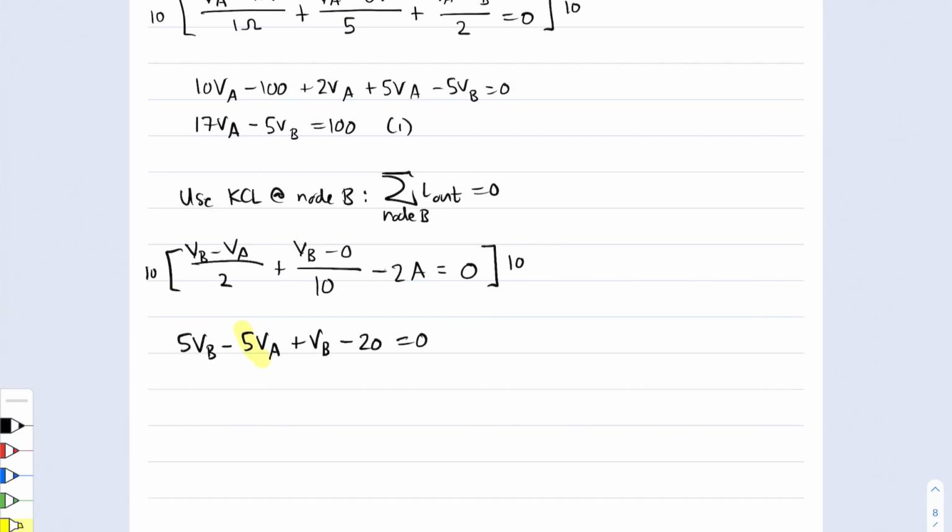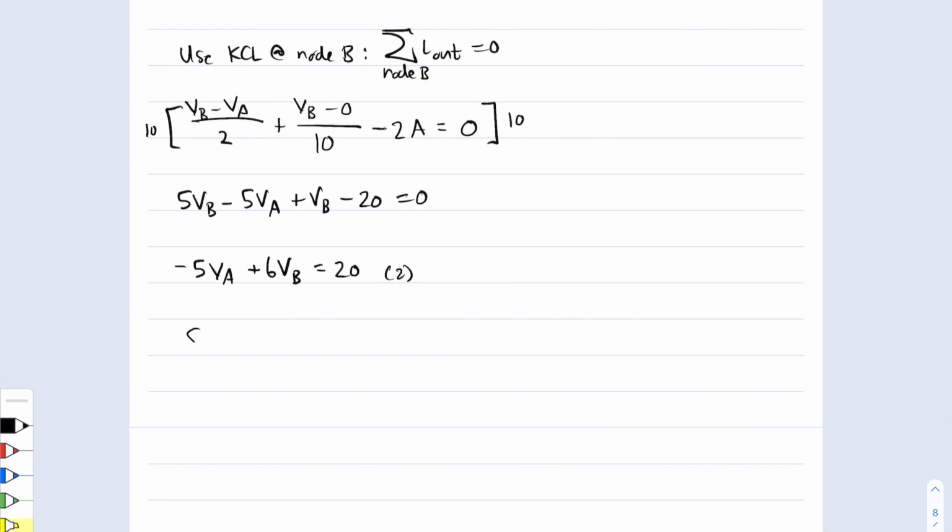I have minus 5 VA there. I have 5 and 1 VBs there, so plus 6 VBs. And then this minus 20 I can add over to the opposite side, in which case I get positive 20. I will call this equation 2.